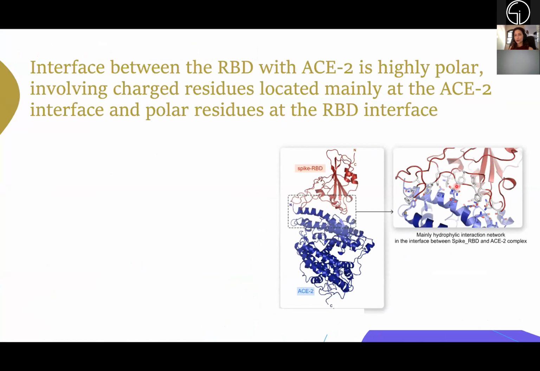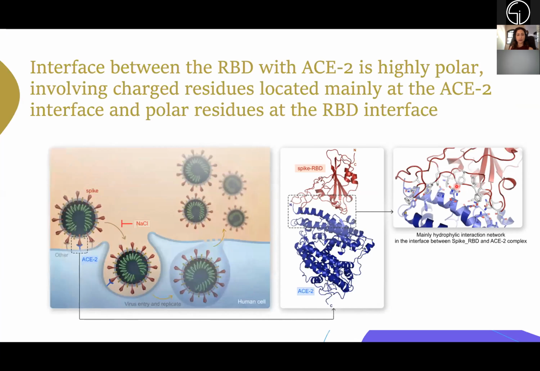It popped up in our minds that maybe this kind of interaction may be avoided by increasing the salt concentration, because this is very common in the laboratory to avoid hydrophilic and salt bridge interactions between proteins. So we thought, maybe if you add NaCl, salt, it would disrupt the interaction between the spike and human ACE2, avoiding the entrance of the virus in the human cell, the replication, and the virus release.